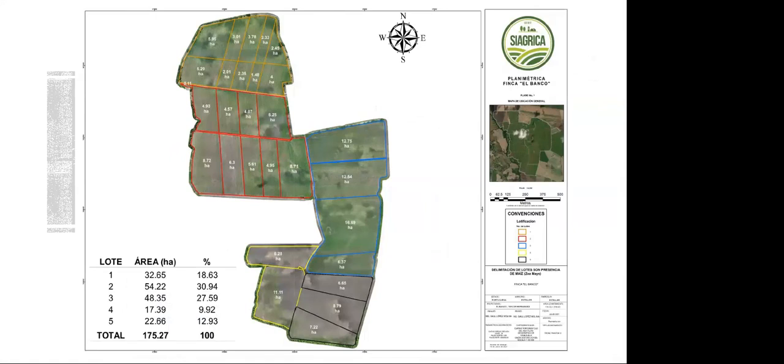This is useful because if we make this counting 25 days after planting, we can replant and we don't lose, because in Venezuela the farmer loses most of the crops because they don't know how many plants or crops they have in one hectare.